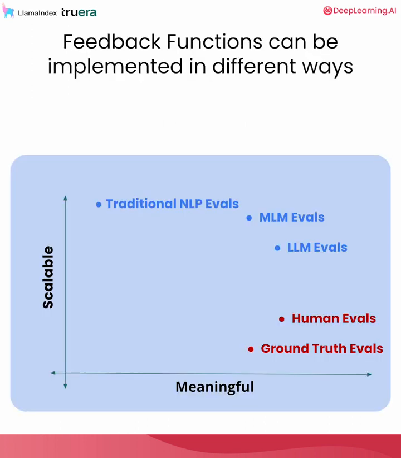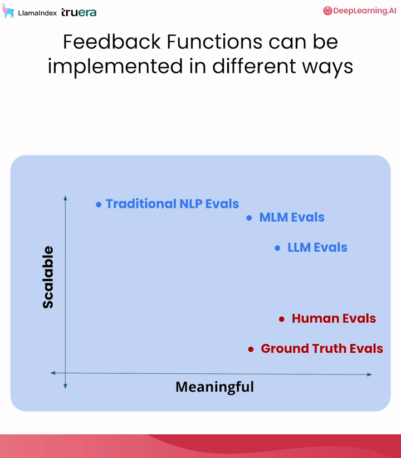We walked through 3 examples of evaluations or feedback functions: context relevance, answer relevance, and groundedness. In our notebook, all 3 were implemented with LLM evaluations. I do want to point out that feedback functions can be implemented in different ways.